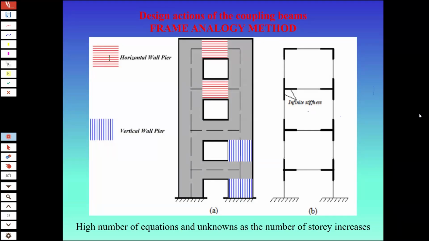But you see, these node regions here, since they are D regions, we model them as infinitely stiff. Then you solve this as a frame. But this is, how many, 1, 2, 3, 4 stories. Can you tell me how many unknowns with the deformation method you will need to solve this frame?